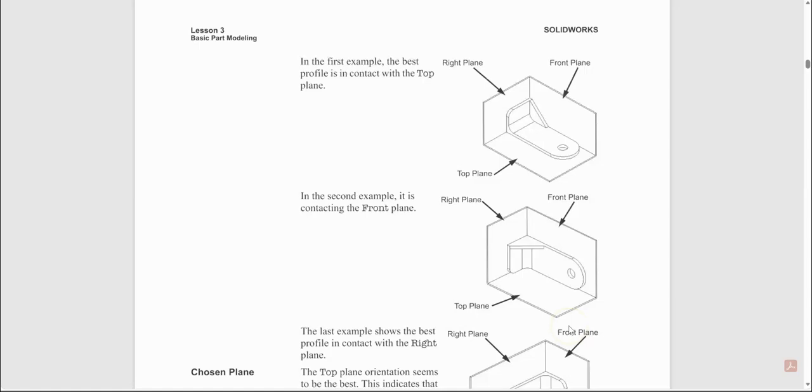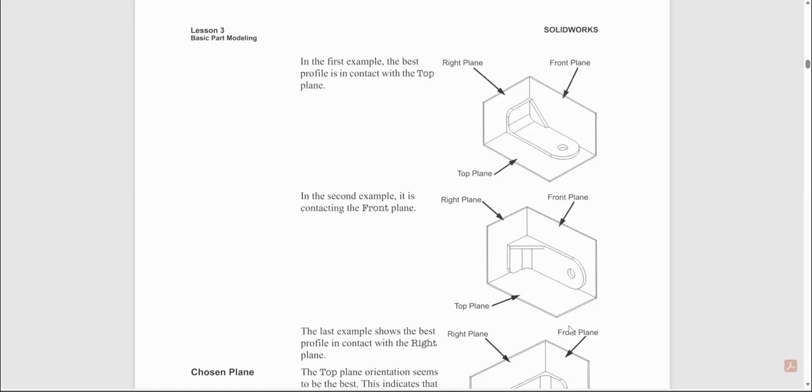Taking a look at what they've done here in the book, on page 68, they've given you an example of taking a part and aligning the bottom of the part, or that longest flat surface, with different planes to show you how it would look on the screen or in the drawings.